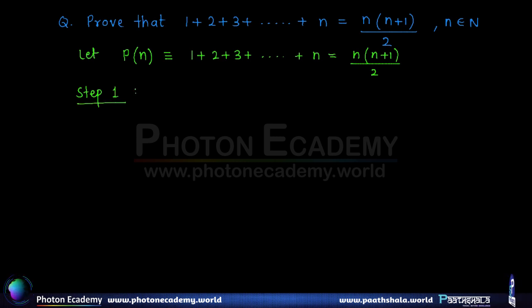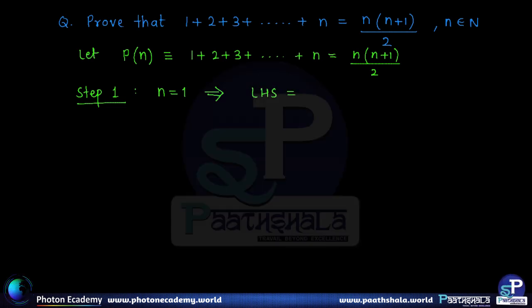So moving ahead, as step 1, if you remember, the step 1 was to prove that the given statement is true for n equal to 1. If you put n equal to 1, then on the left hand side n equal to 1 means we have to just take one term, and that is nothing but the number 1 itself, right? On the right hand side, putting n equal to 1 gives us 1 into 1 plus 1 upon 2, correct?